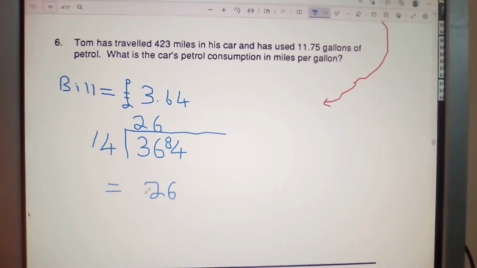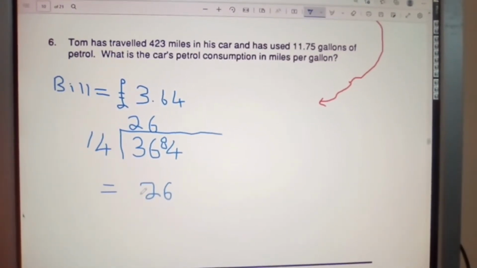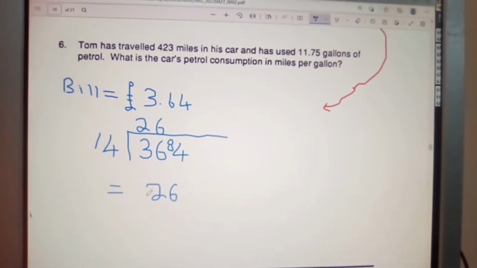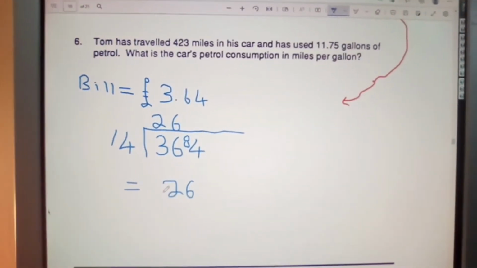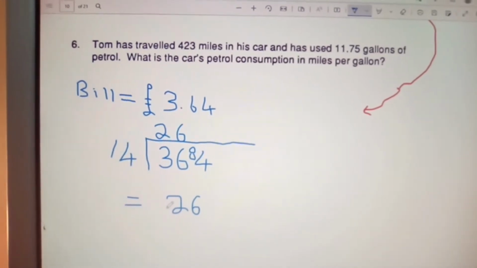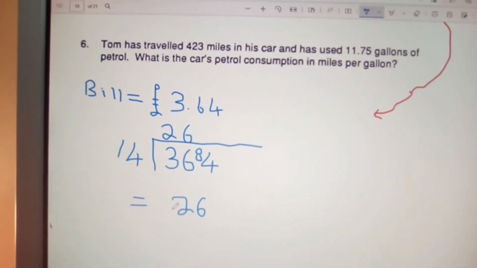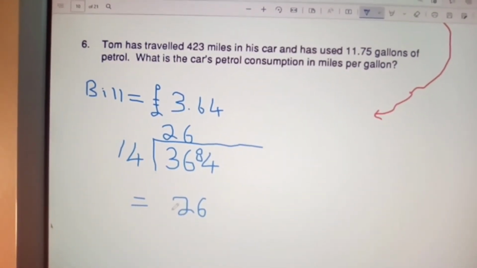Bear with me for a second, because sometimes it confuses me as well. Don't worry, I make mistakes as well, and I have no problem in saying that. I don't want to be all perfect.